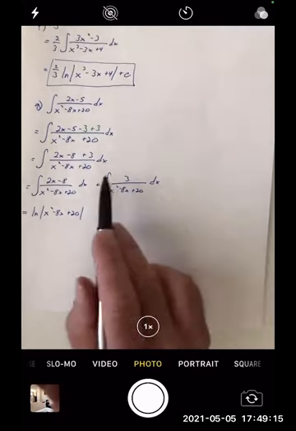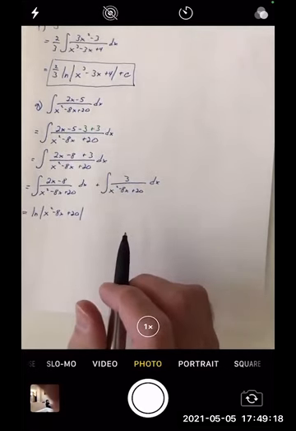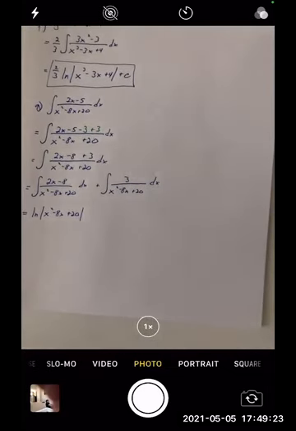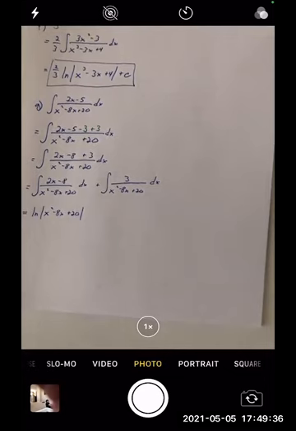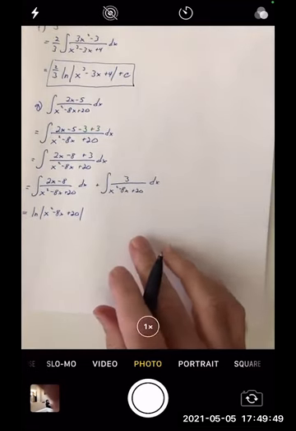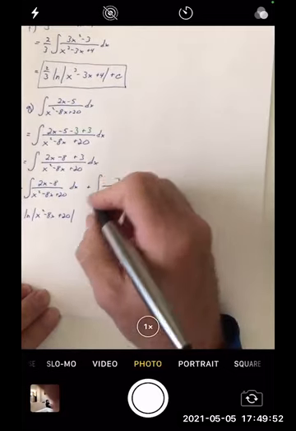So what about this one makes it inverse tangent? The difference between getting an inverse tangent and getting an inverse sine is that inverse tangent does not have a square root in the denominator. So if this was underneath a radical, then you'd be going towards an inverse sine. Okay.